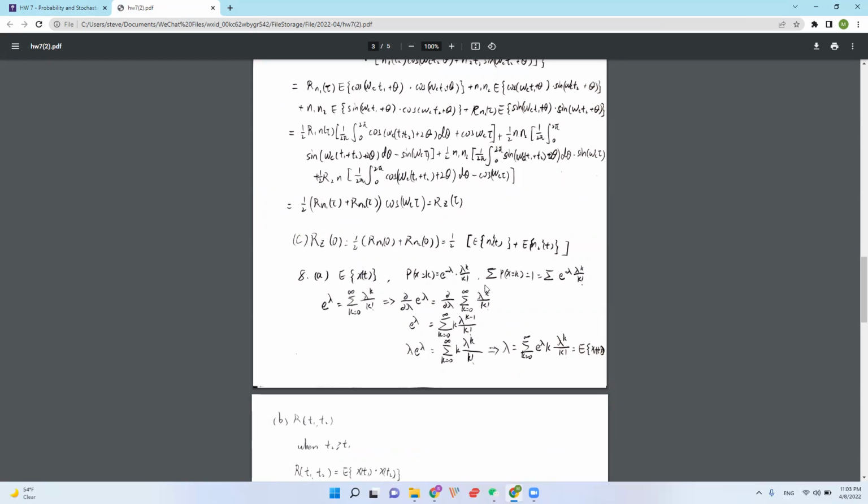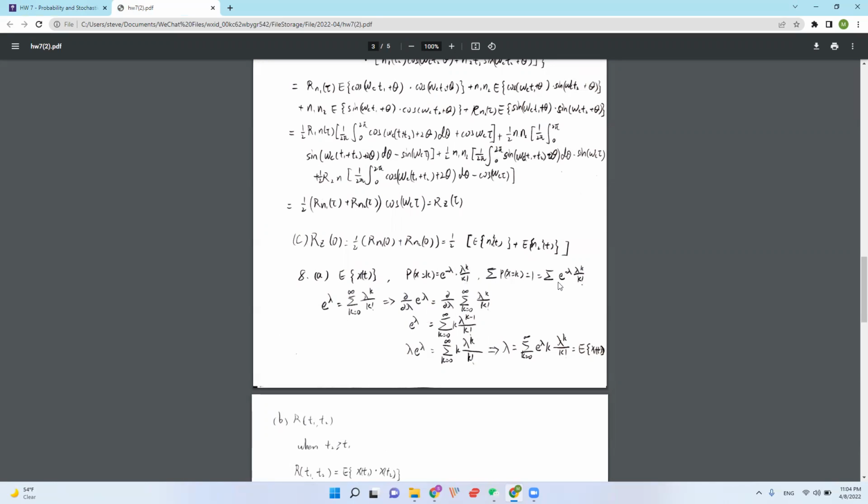We also know that the distribution function of Poisson is the sum of it, which equals 1. So this thing is equal to the sum for all k of this equation. There should be k equal to 0 to infinity.